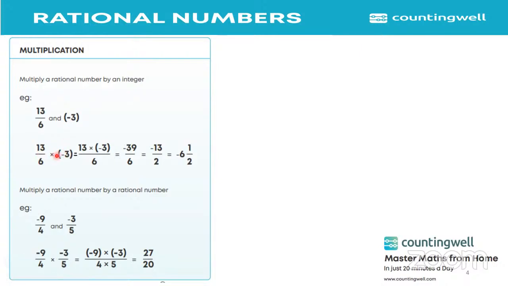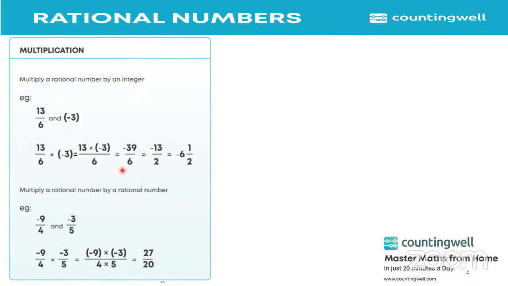Here we are going to multiply minus 3 to the numerator of the rational number, which is 13. So we have 13 into minus 3 divided by 6. We carry the minus sign as it is and we do the product 13 and 3. So we have minus 39 by 6.